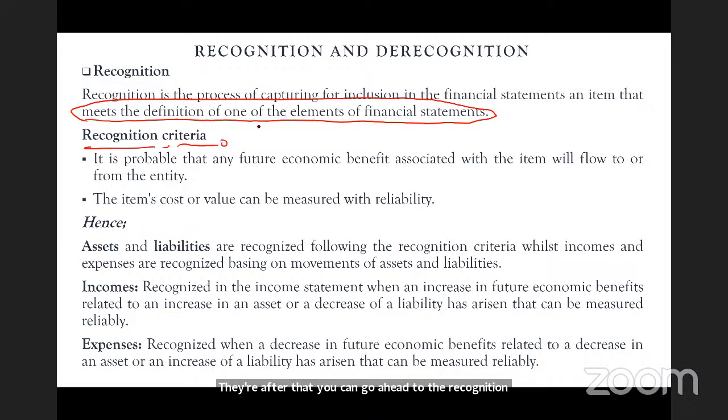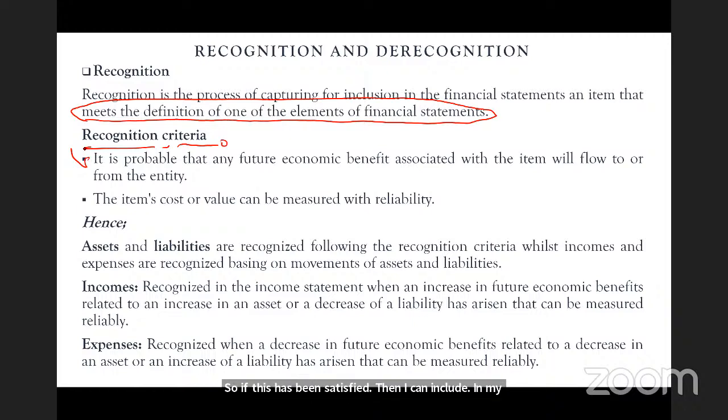where we are saying that, number one, it must be probable that any future economic benefit associated with that item shall flow to the entity. If this has been satisfied, then I can include it in my financial statements.